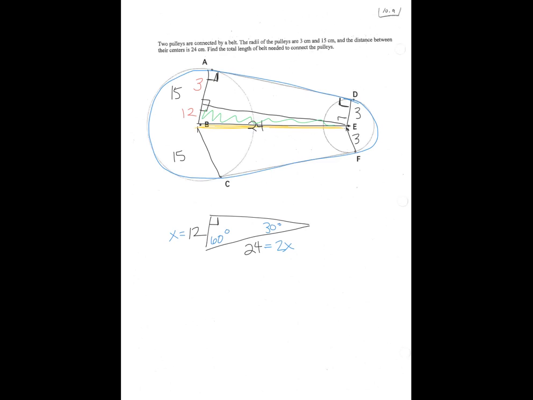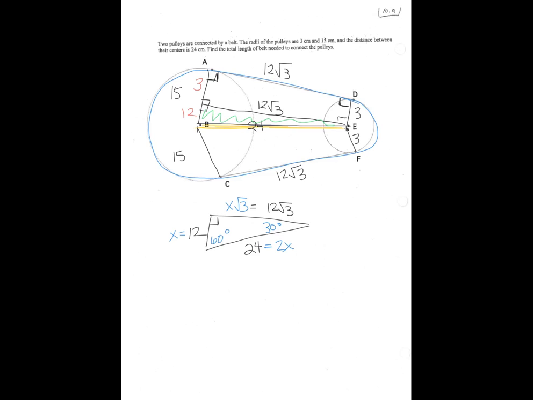So 30 would be over here at x, the 2x would be across from the right angle, and across from the 60 would be x root 3. So that means this would be 12 root 3. That's this other leg, which we need out here for the outside of the pulley. So we essentially have two sides that are 12 root 3.